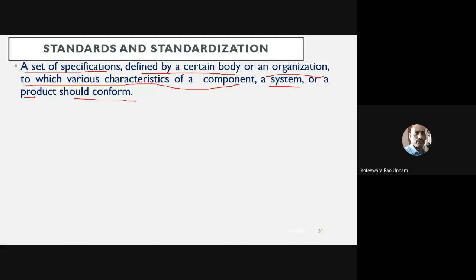Otherwise, it is not a standard component. These sets of specifications are given by different organizations. For example, there is an organization called ISO. ISO is for quality, an organization which looks at quality assurance for all organizations. In the education system, people will check whether an educational institute is following the quality principles.